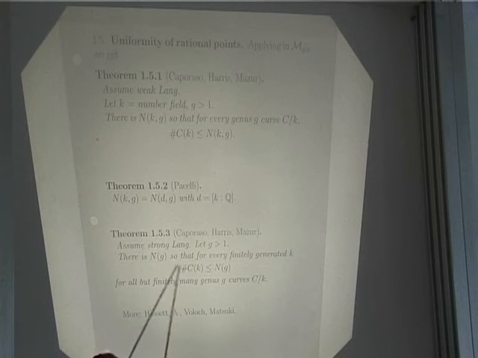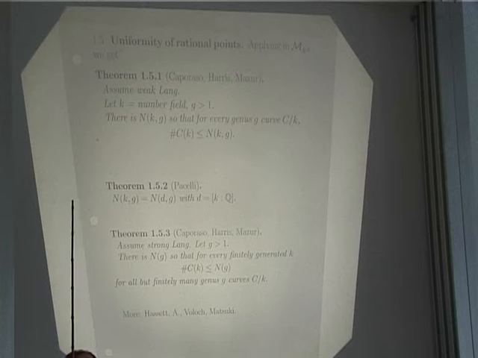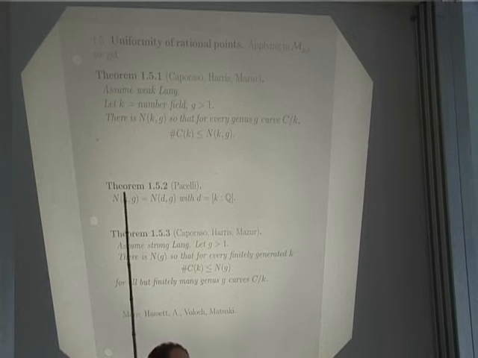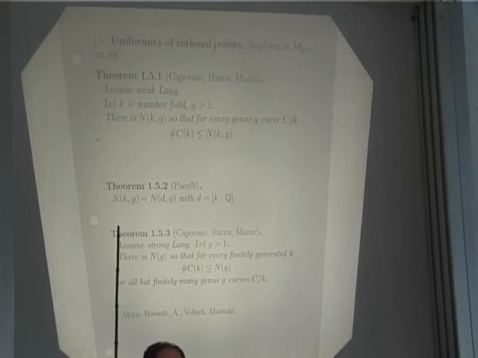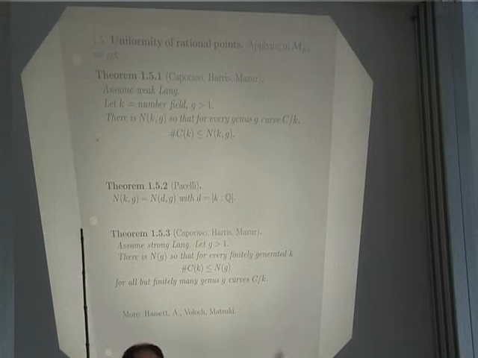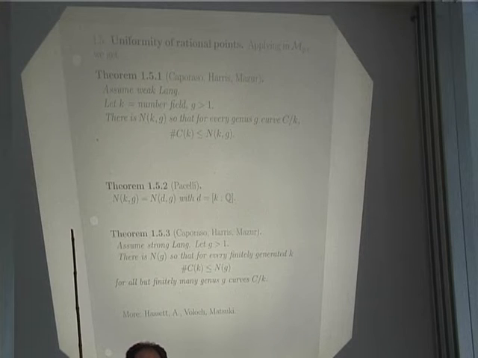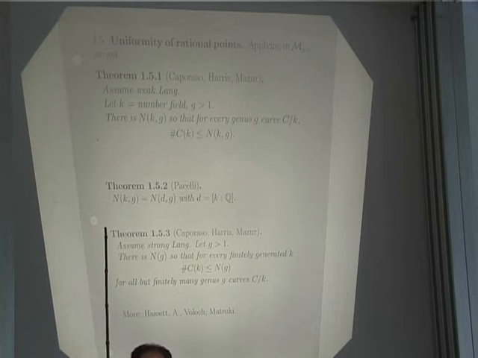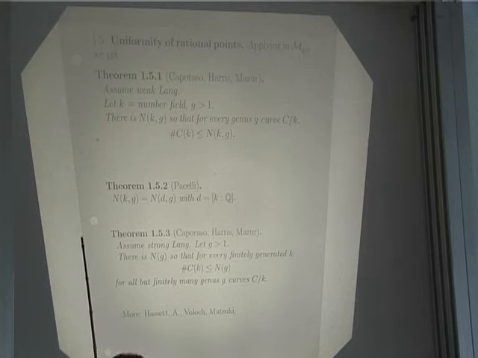But this is only true for all but finitely many genus g curves C over K. So for any arithmetic field, I should be able to write down a finite collection of offending curves, such that for all other curves, the number of points is bounded by this N. Really, really wonderful. But there's a good number of people who say Lang's conjecture cannot be true.